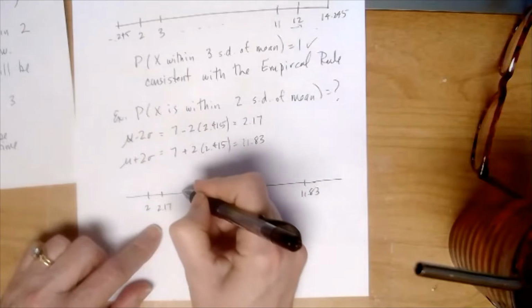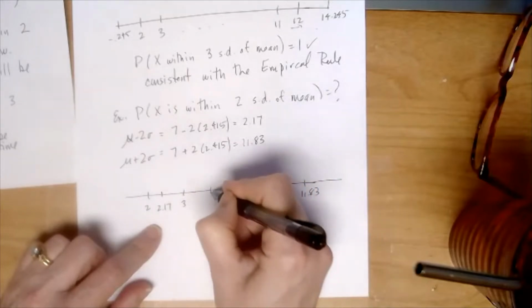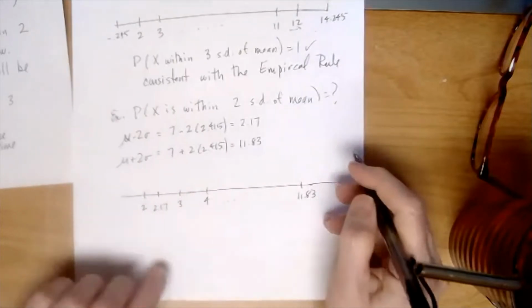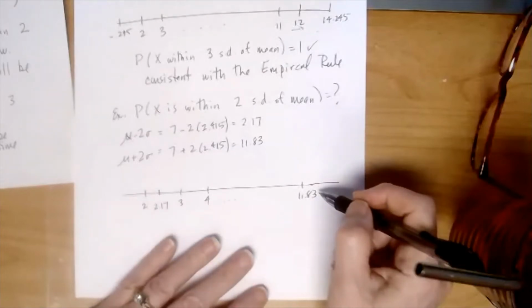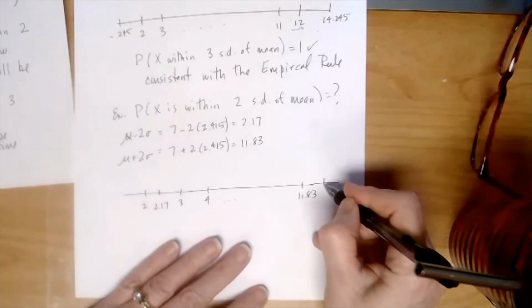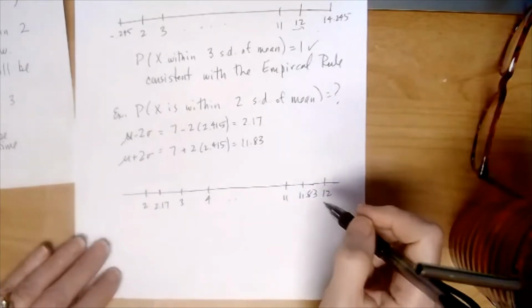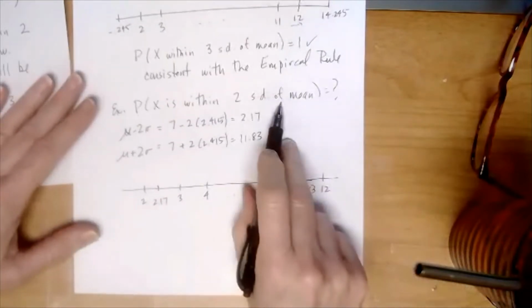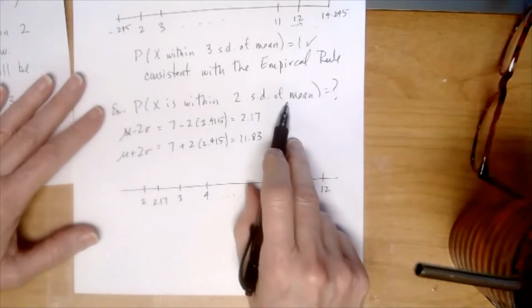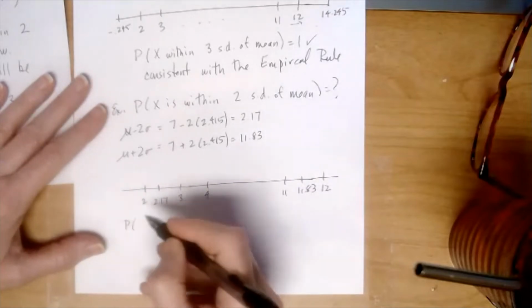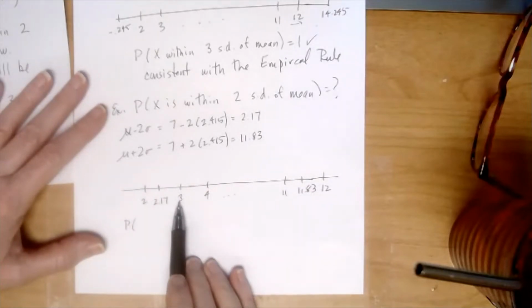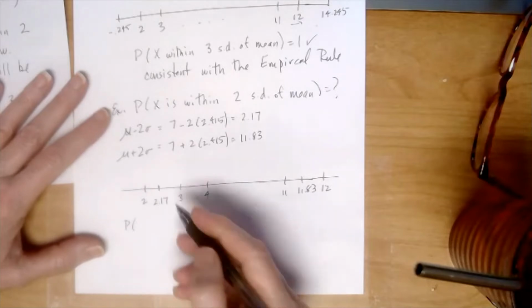And what about the next one? A 3 is going to be over here, and then 4, etc. Over here, what's the largest roll? It's a 12. The 12 is outside here, and 11 is inside here. So the probability of being within 2 standard deviations of the mean is the probability that x is between 3 and 11.